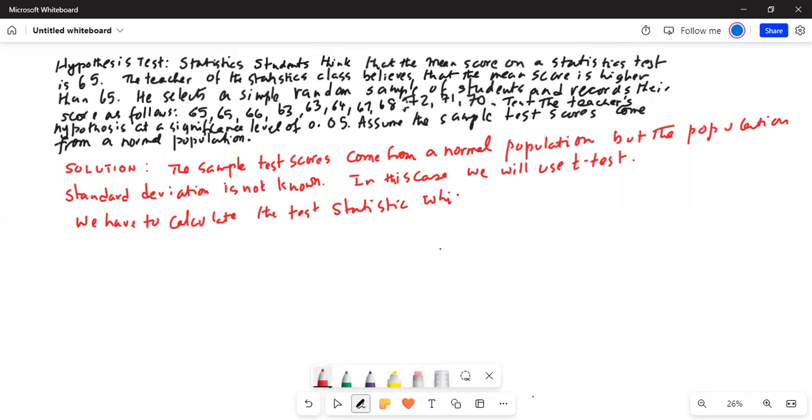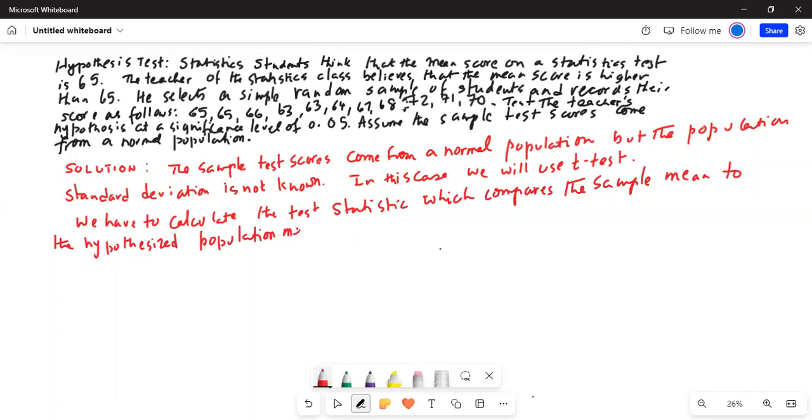The test statistic compares the sample mean to the hypothesized population mean, in terms of the standard deviation of the sampling distribution.